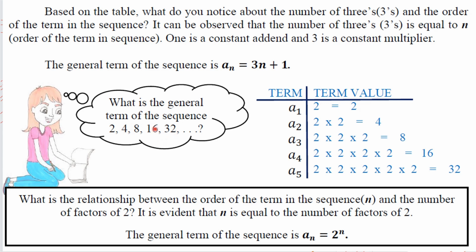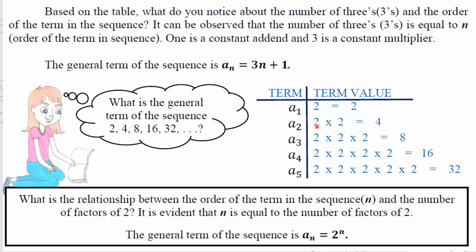If you're going to examine, anong nangyayari sa mga terms natin? Pag ang sagot mo, nadodoble, correct, nadodoble yung terms natin. So let's try to rewrite the terms para tignan natin kung may makita tayong pattern. A sub 1 is 2, okay? Followed by 4.